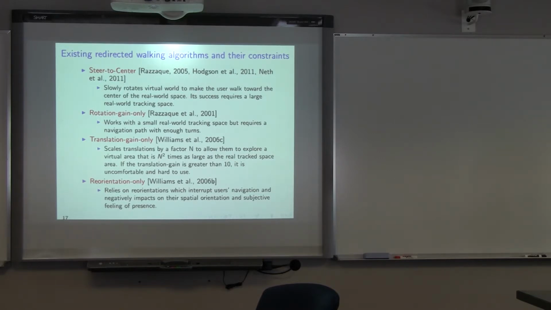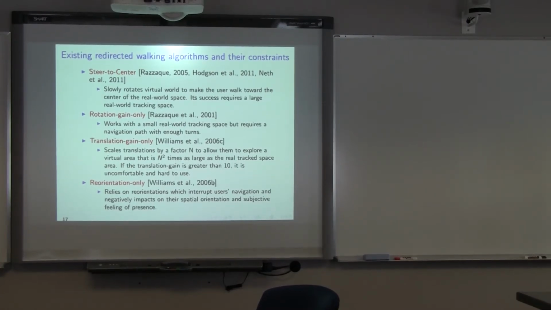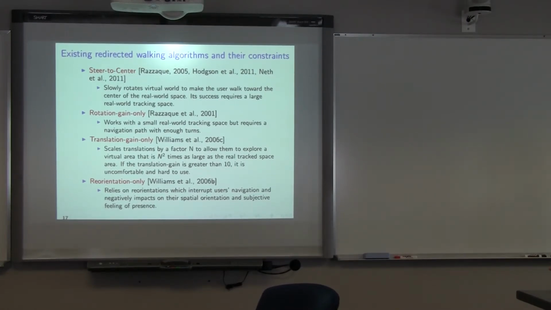The problem is if the virtual world is really large, much larger than the real world space, the translation gain that is needed may be greater than 10, and it can exaggerate any small user movement into a big one to be noticeable, which makes the interface uncomfortable to use.